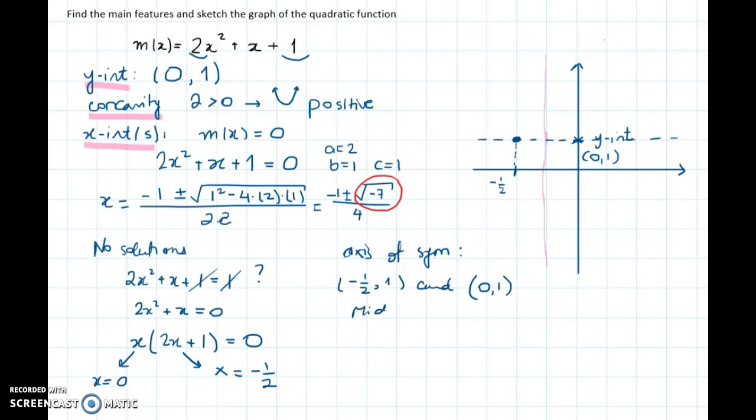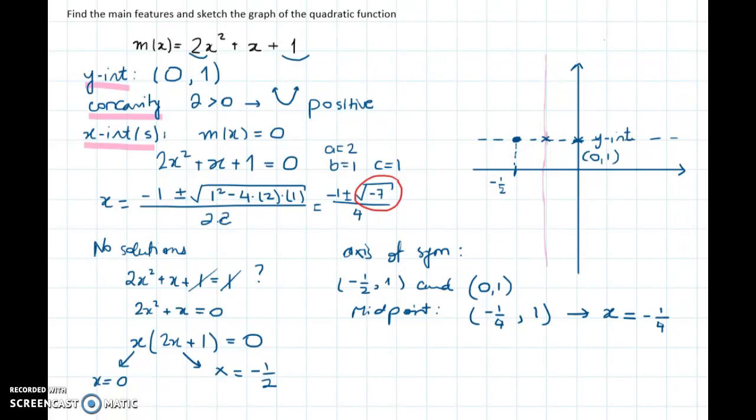So the midpoint is (minus 1/4, 1). So that's what this point over here is. So then by symmetry, the axis of symmetry has equation x equals minus 1/4. If you prefer to write minus 0.25, negative 0.25, that's fine.